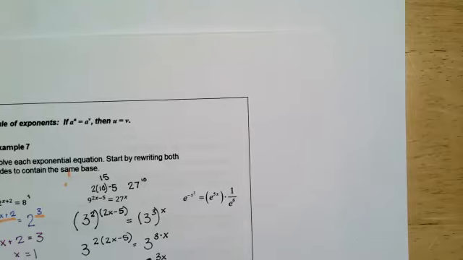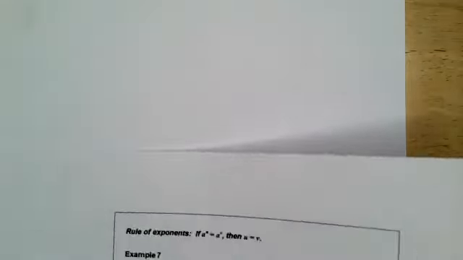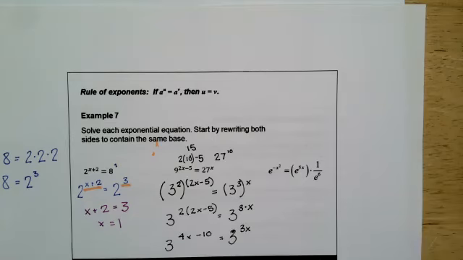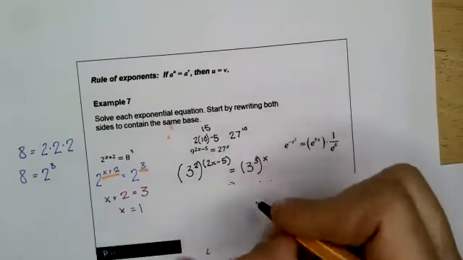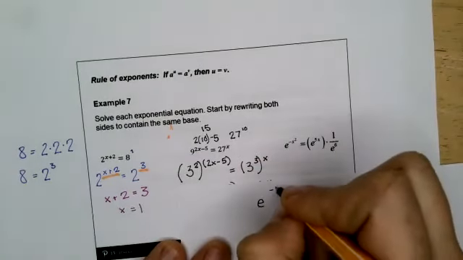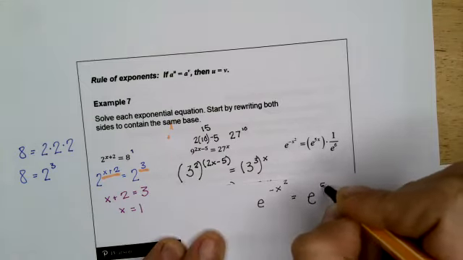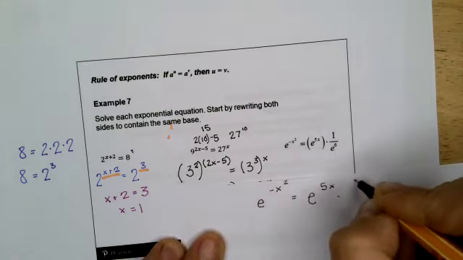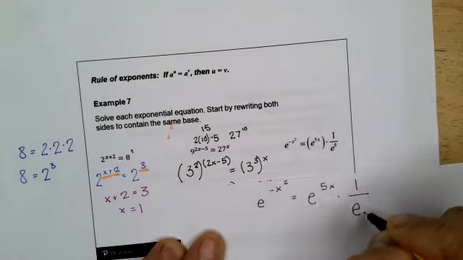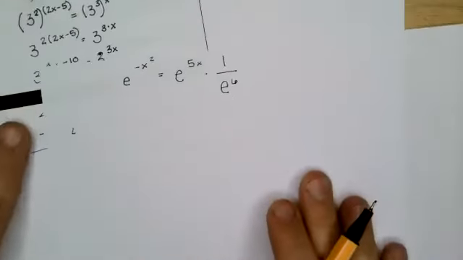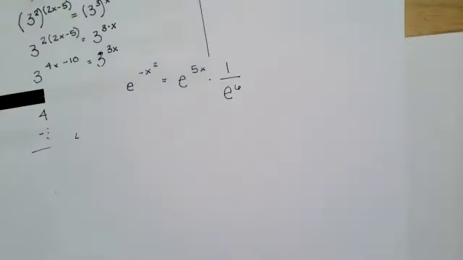I'm not even showing you what we're on anymore. All right. E to the power of negative x squared equals e to the 5x times 1 over e to the 6th, right? So that I have plenty of space. Okay, let's simplify this as much as we can.